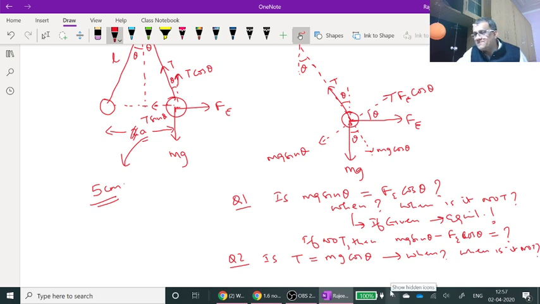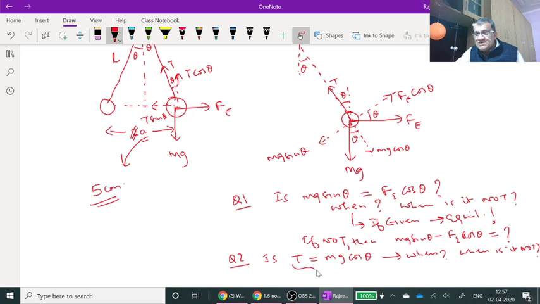Is T equal to mg cos theta? When is it true, when is it not? I'm giving you a few seconds. Can there be any situation where T is equal to mg cos theta?